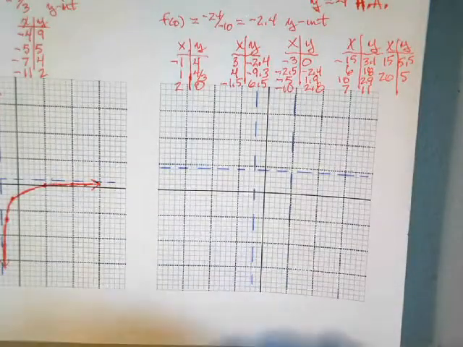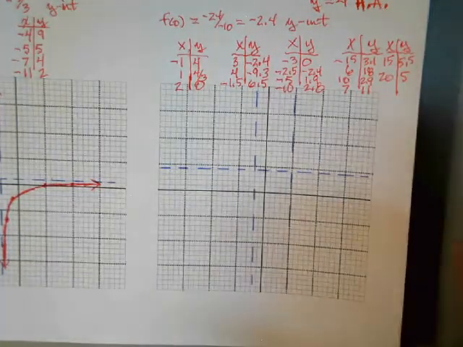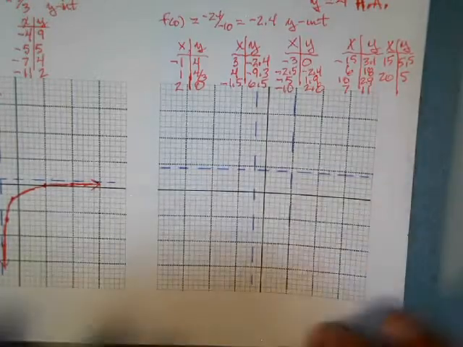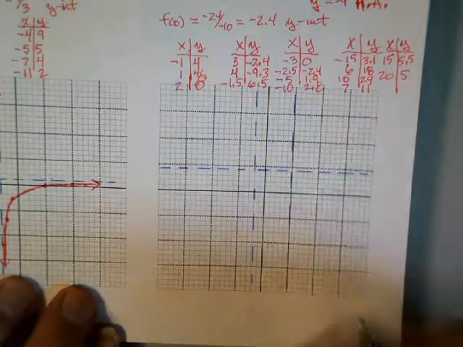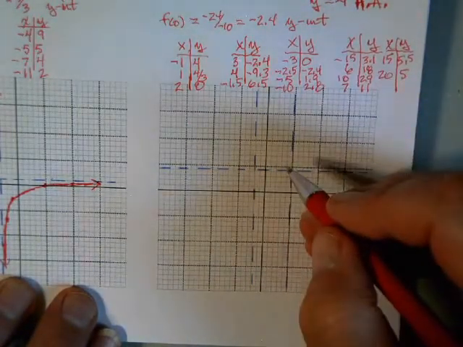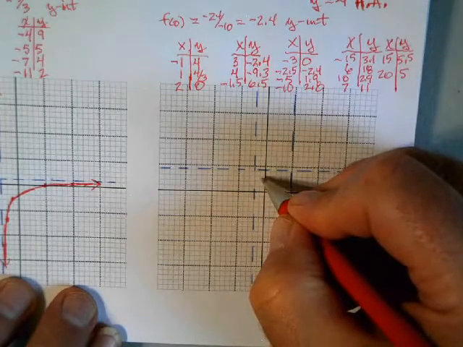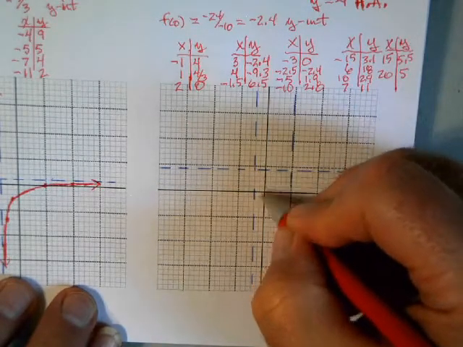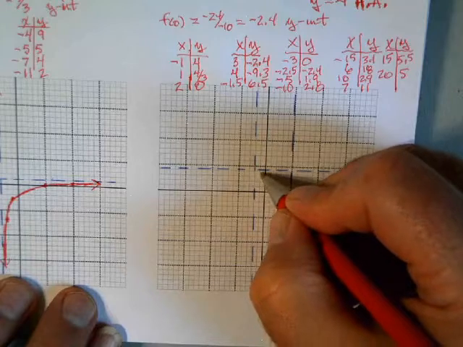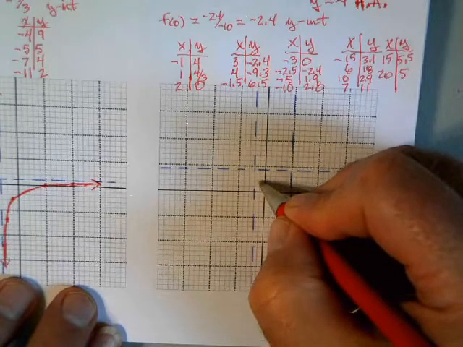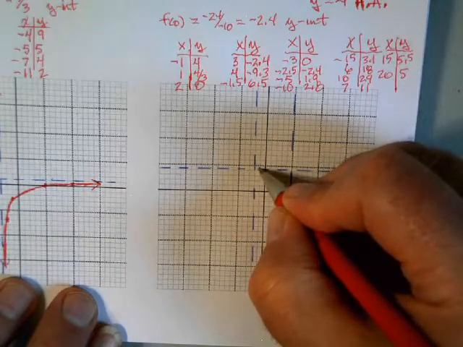So here's 0, 0. So negative 1 was 4. So negative 1 is 4. So that's right there. And 1 was 4/3. So 4/3 is just about there.